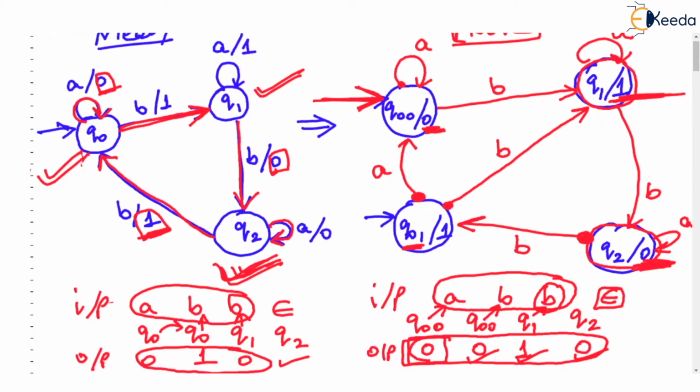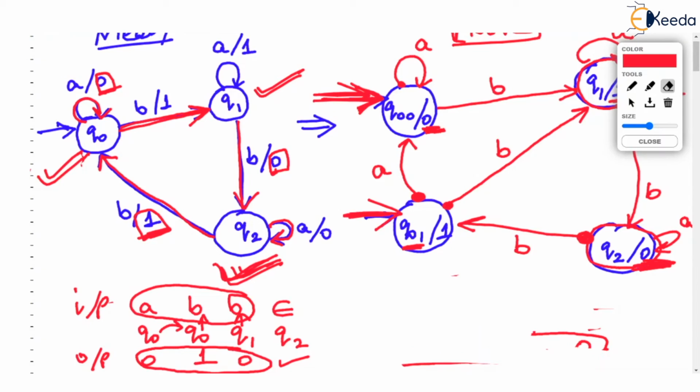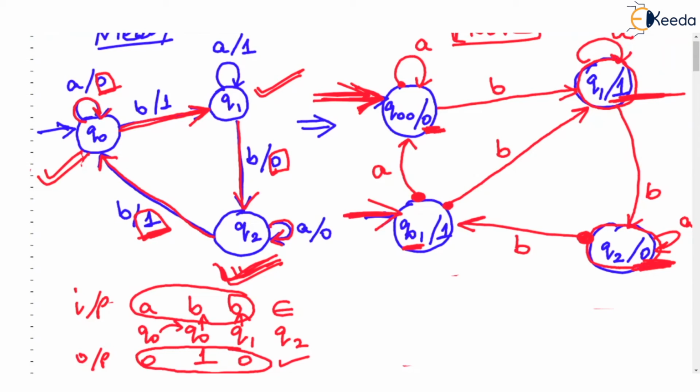Now somebody might argue: why Q00 only as the initial state? Why can't we take Q01 as the initial state? Okay, let's try running this Moore machine on the same input ABB, but this time we will take Q01 as the initial state, and trust me, it will still give the same output. So the input is ABB and we start from Q01.